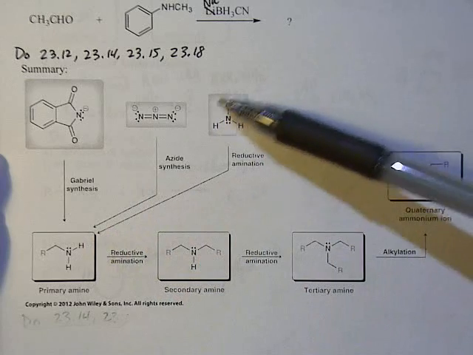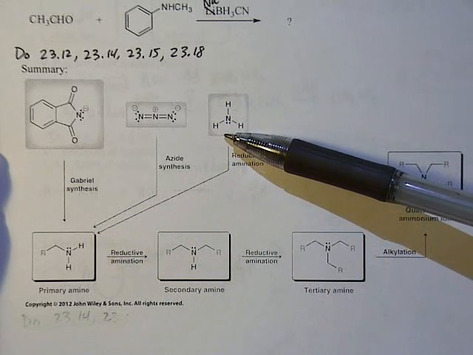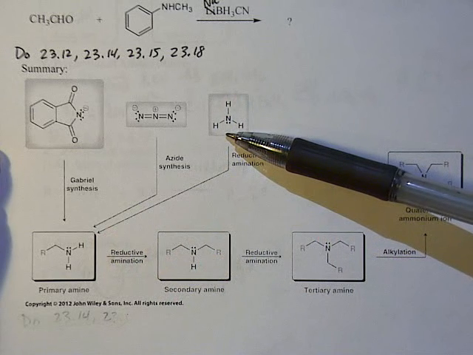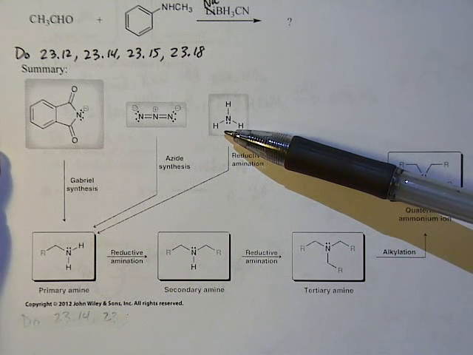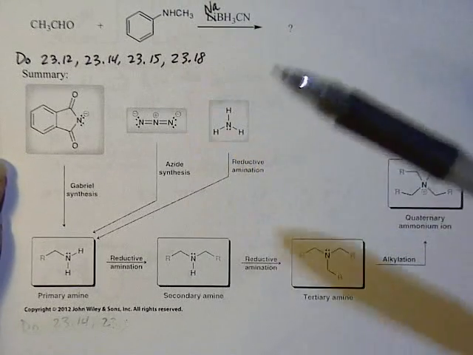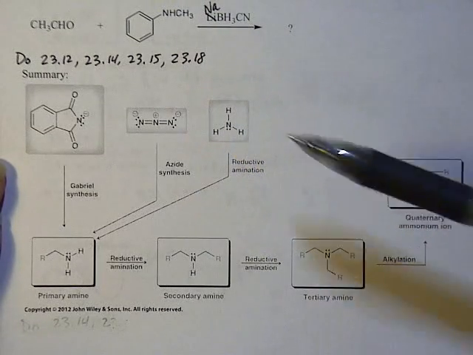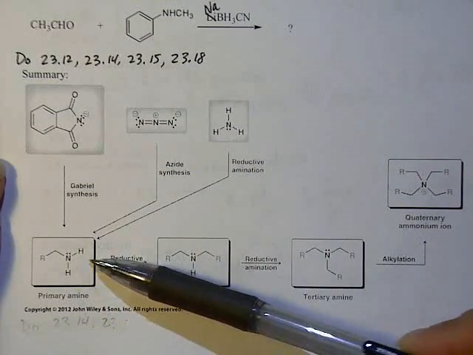And then the reductive amination, which I think is the most useful of the three methods, because you do all in one pot. Basically, you add the aldehyde or ketone, and then you add the amine. And as the imine or enamine is formed, because the reducing agent is present, it does the reduction, giving you directly in one step the amine.